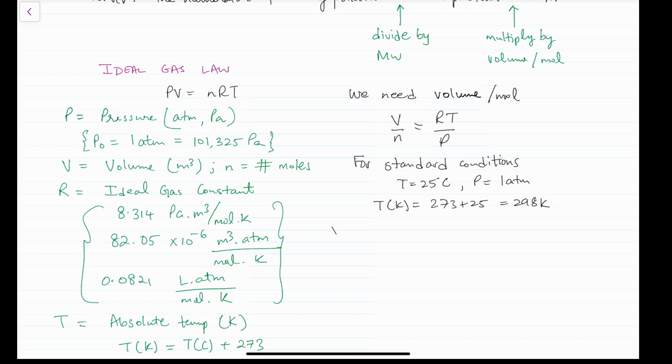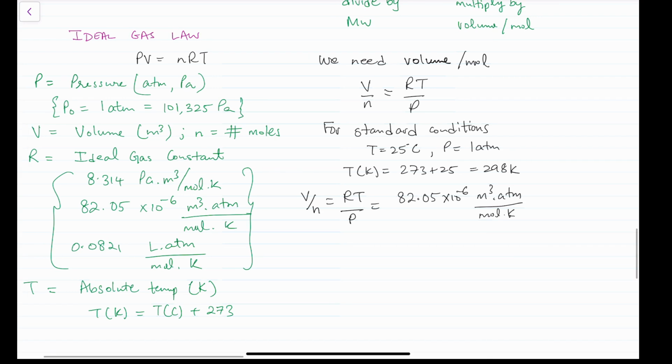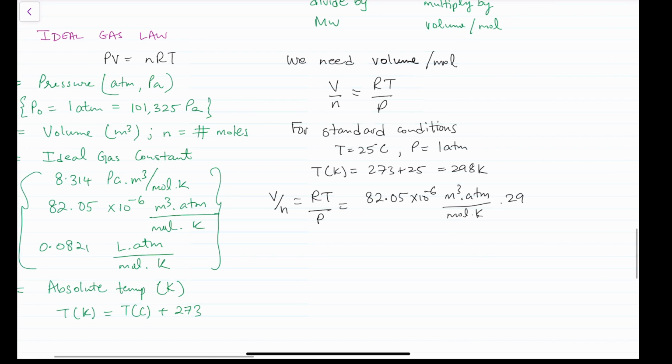Right, so V over N would be RT over P, and if we substitute 82.05 into 10 to the power minus 6 meter cubes atmosphere per mole Kelvin, I always like to write the units and work them out. So R times T over P. P is 1 atmosphere.